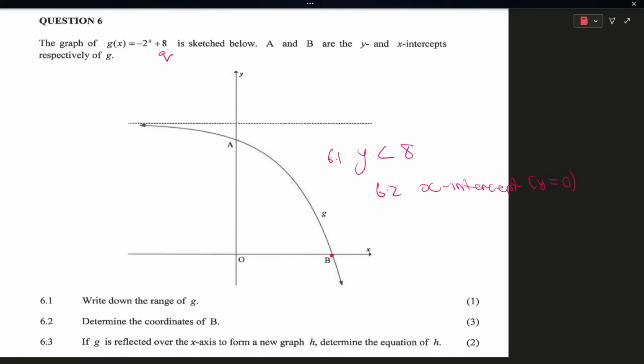Then what I'm going to have is 0 is equal to minus 2 to the power of x plus 8. I take 8 to the other side. It's going to be minus 8 is equal to minus 2 to the power of x. Then I divide by -1. I'm going to have 8 is equal to 2 to the power of x.